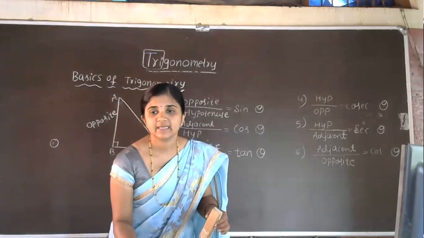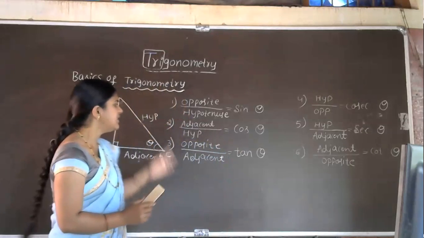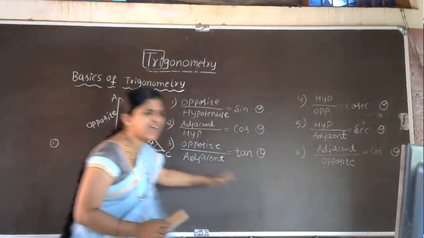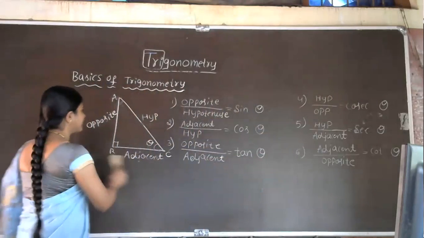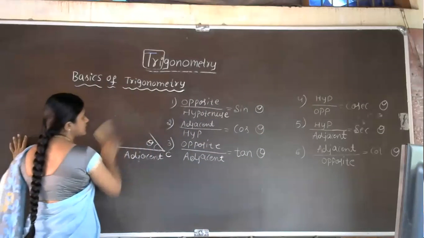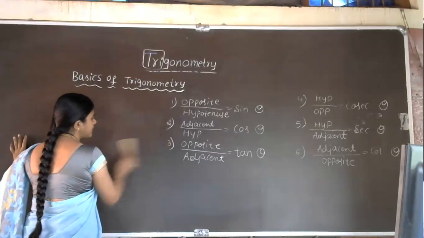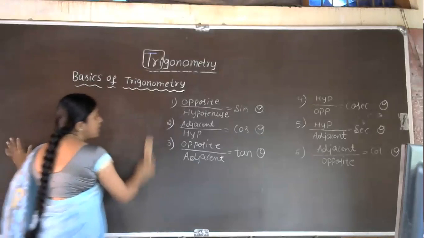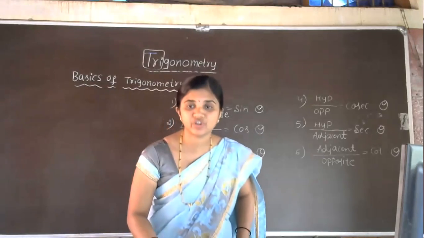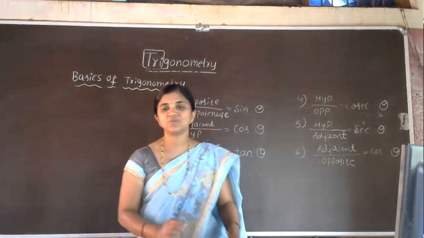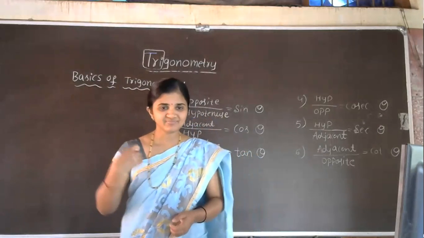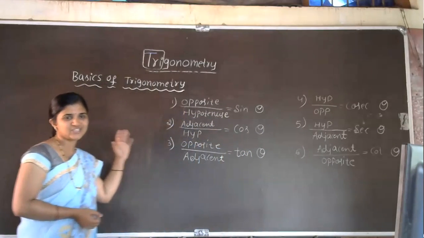Okay, yes. Now we have to understand some relationships that are there in this. What is that relationship? Can anyone try to give the relationship between these 6 ratios? What relationships are you observing in this? Who is ready to give the answer? Raise your hands. We can give some relationship for this.